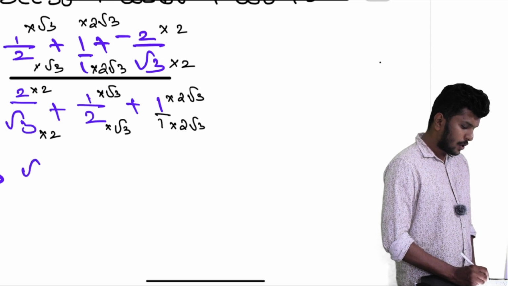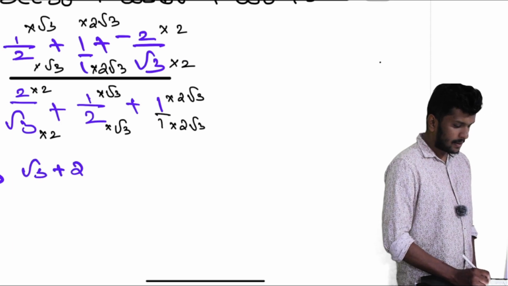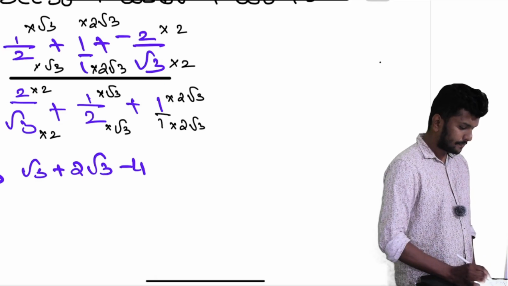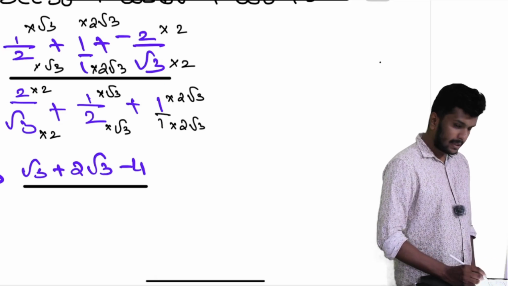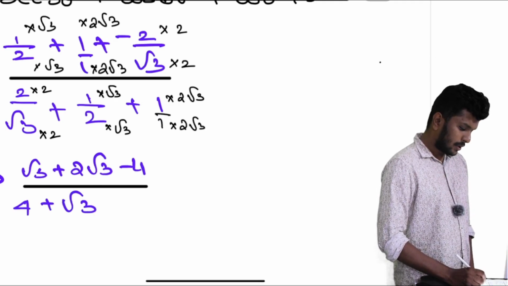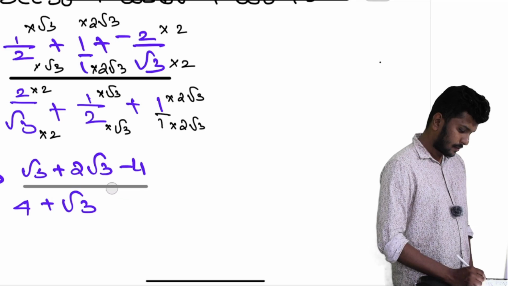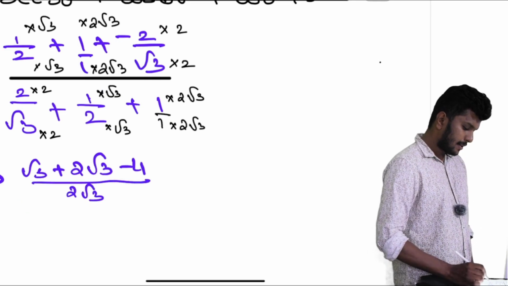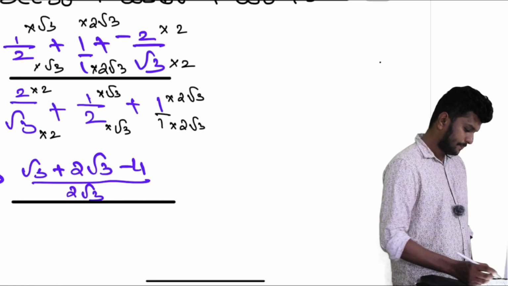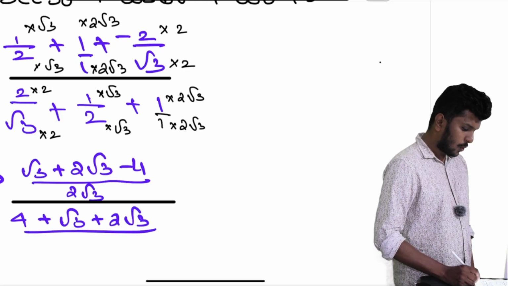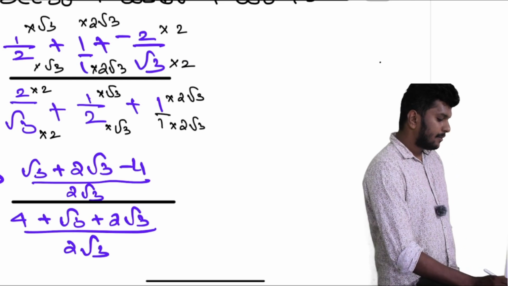So we have root 3 plus 2 root 3 minus 4 as the numerator, whole divided by 4 plus root 3 plus 2 root 3 whole divided by 2 root 3.